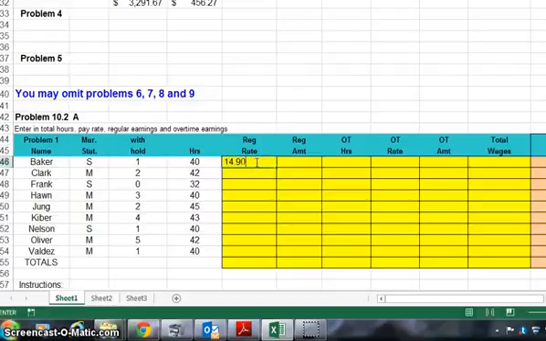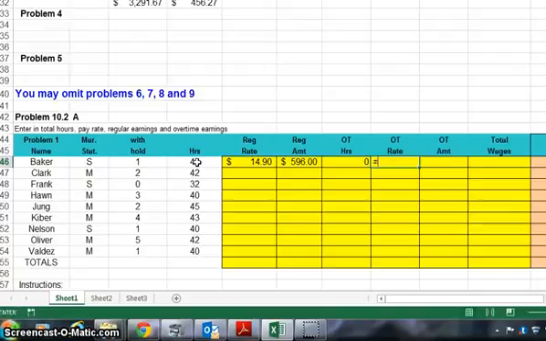So this first one is $14.90 regular rate, and this person has worked 40 hours. So I'm going to take 14.90 times the 40 hours, and you'll see that we get the wages there for the regular hours as $596. He did not have any overtime hours, so I'm just going to put 0 there.